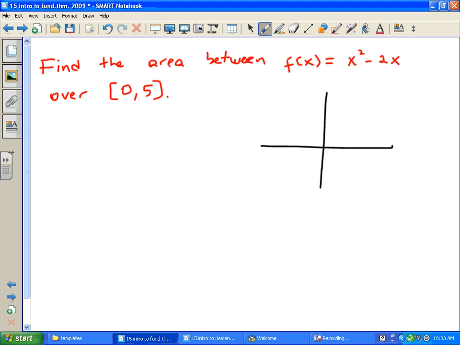What are the x-intercepts of this function? If you set it equal to 0, you get x times x minus 2. 0 and 2 are the x-intercepts. So it opens upwards, and roughly speaking, this is what the graph looks like.